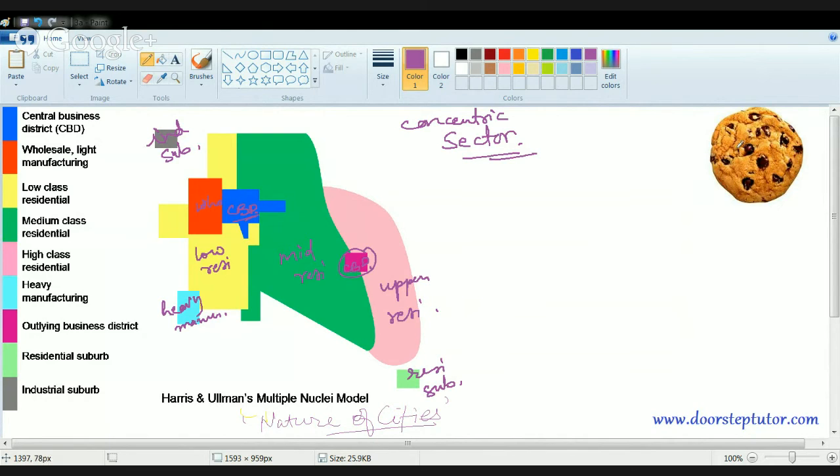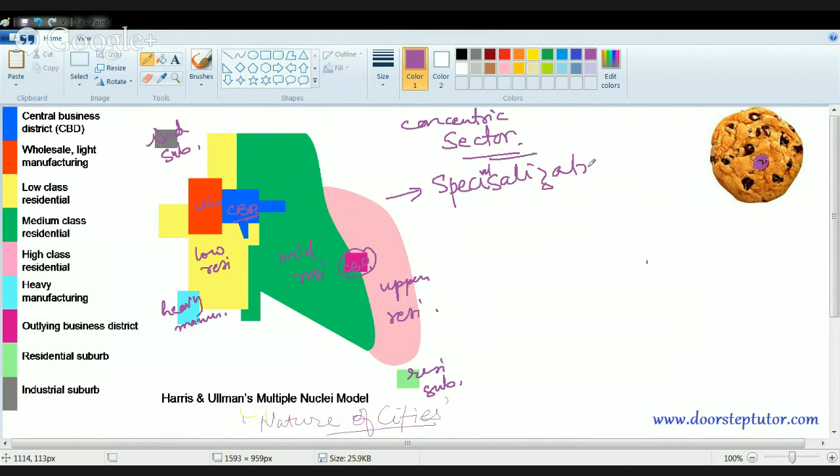So it's similar to a chocolate chip cookie. You have the CBD here, which is the main core of the city, and for the rest of the development you cannot say there is a fixed pattern. We are saying there is a pattern, but we cannot say that this pattern will remain constant for all the cities. Now the most important characteristic of this theory was that the multiple nuclei theory focused on specialization.